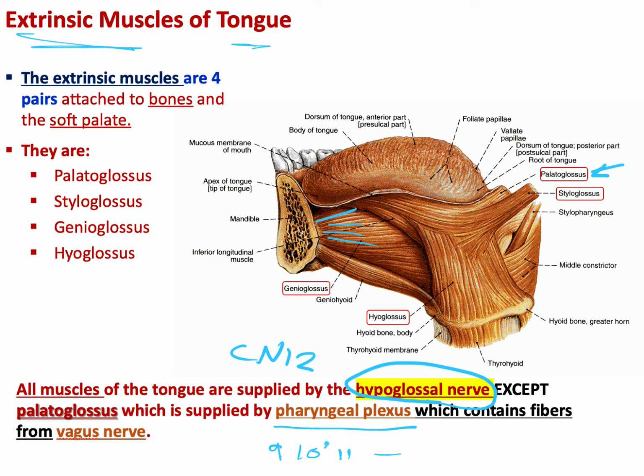And here the vagus nerve gives a fiber to participate in the pharyngeal plexus that innervates the palatoglossus muscle.